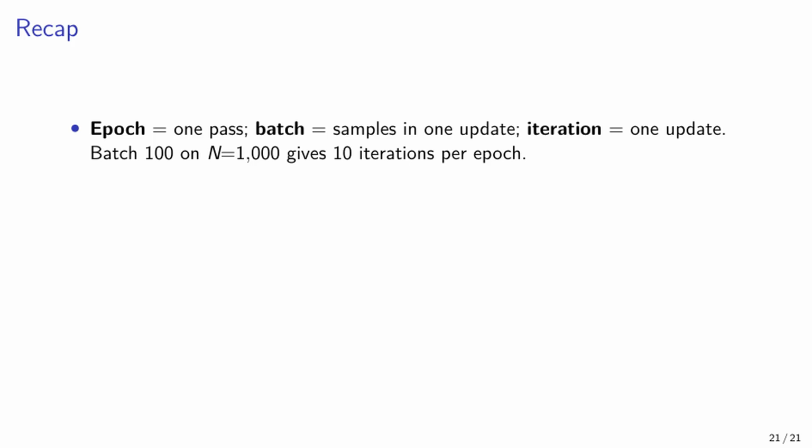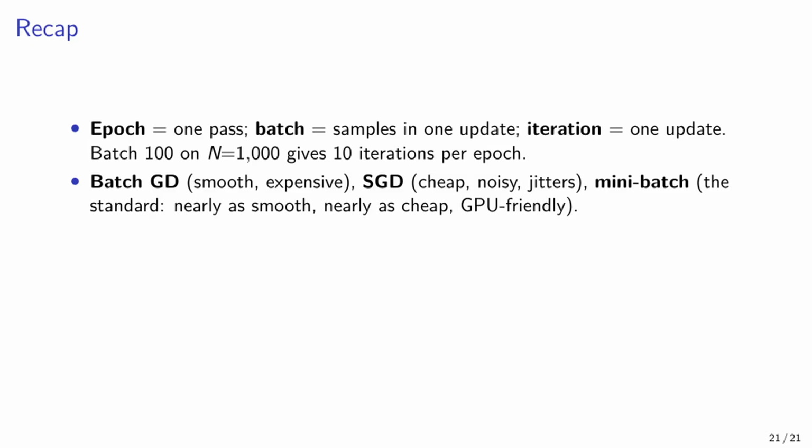Let us recap. Epoch is one pass over the data, batch is the samples in one update, and iteration is one update. Batch size 100 on 1000 samples gives 10 iterations per epoch. Batch gradient descent is smooth but expensive. SGD is cheap but noisy and jitters at the minimum.